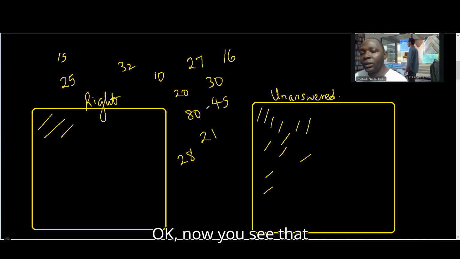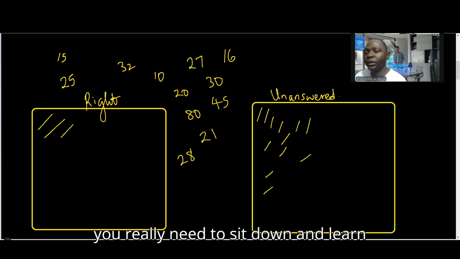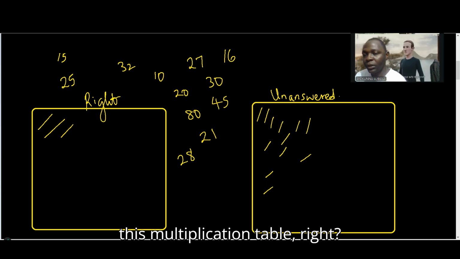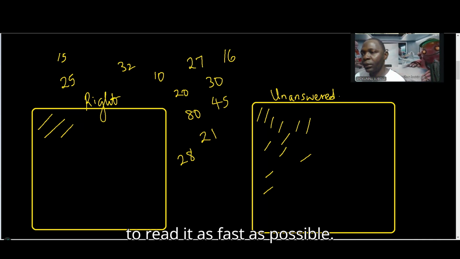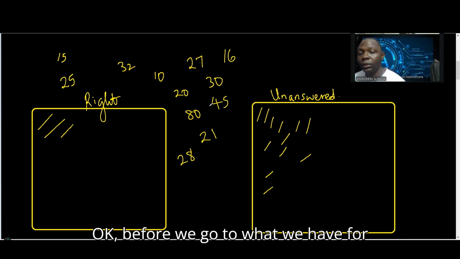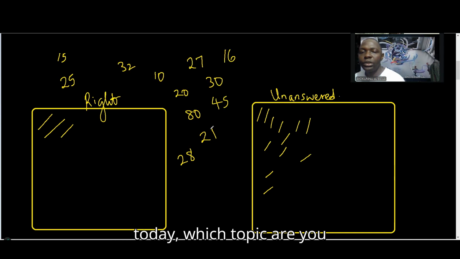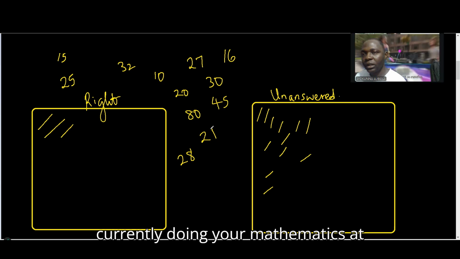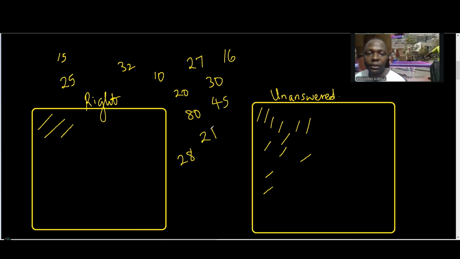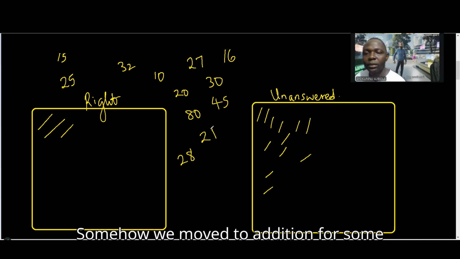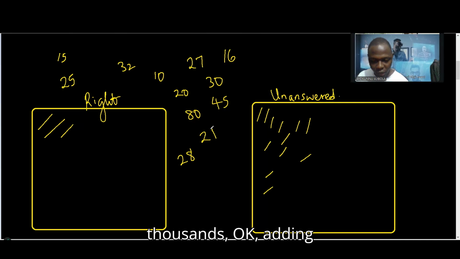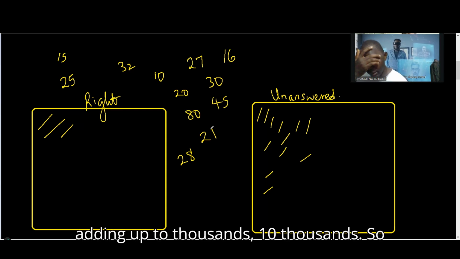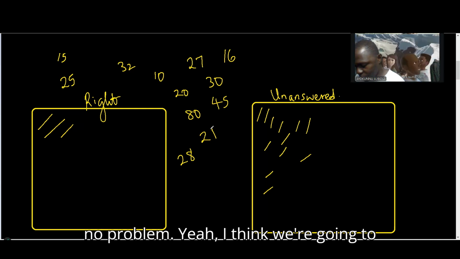Now you see that you really need to sit down and learn this multiplication table, right? Yeah. You should be able to recite it as fast as possible. Before we go to what we have for today, which topic are you currently doing in mathematics at school? We're just practicing addition in thousands, adding up to 10,000, so no problem.